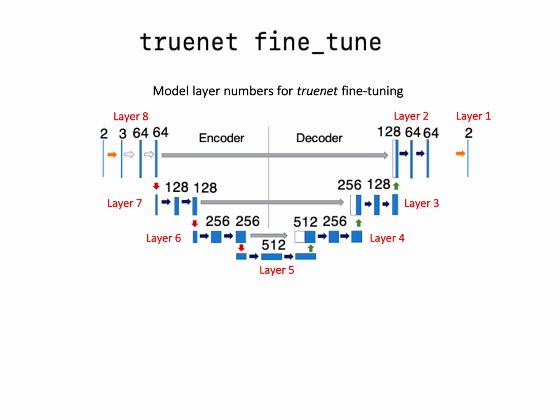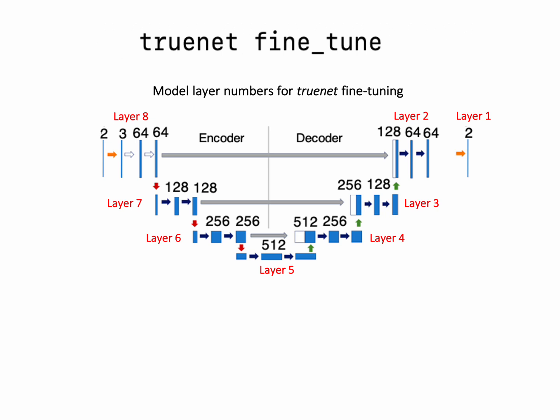We only want to fine tune some layers of the U-Net, keeping the other layers frozen, right? So if I say that I'm going to fine tune layer 1, all the layers in the U-Net other than layer 1 will be frozen, which means the weights will not be updated, and during back propagation the gradient estimation and updation will not happen. So only the layers that are specified will be updated.